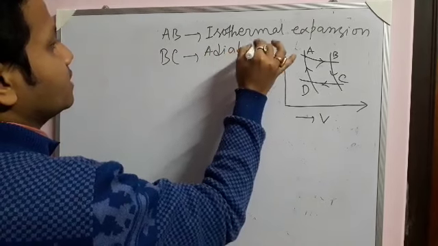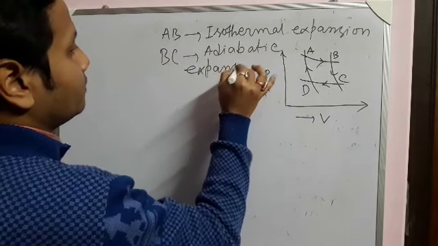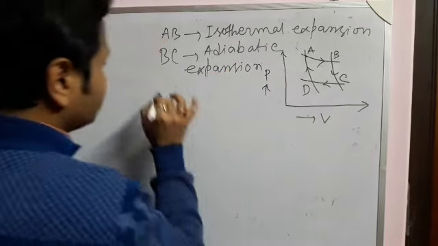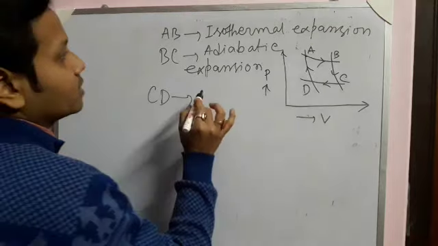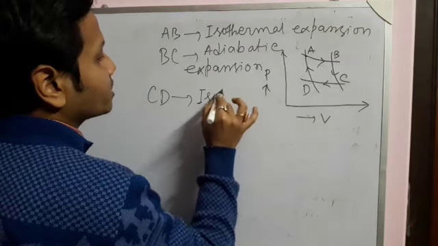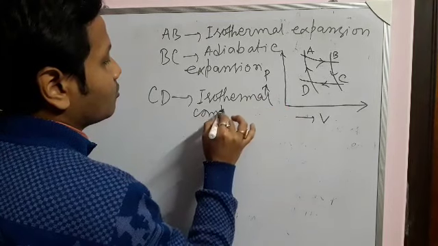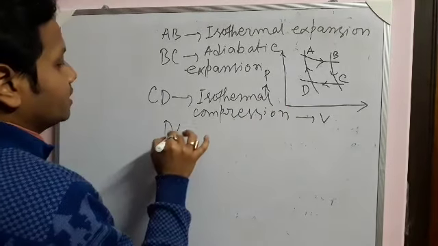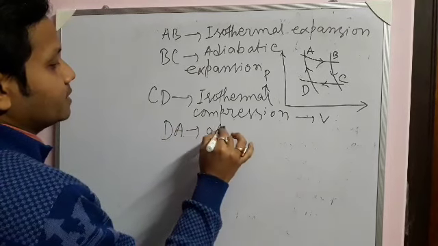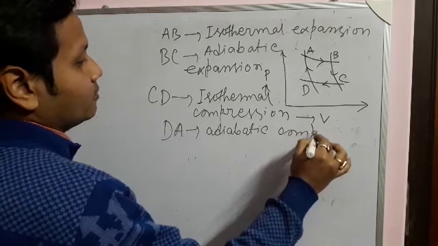So you can clearly say that there are two successive expansions, along AB and BC. In CD the gas is compressed isothermally, that is isothermal compression, and along DA there is adiabatic compression.